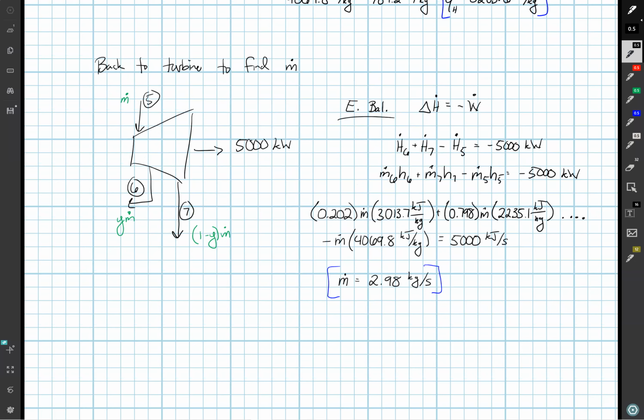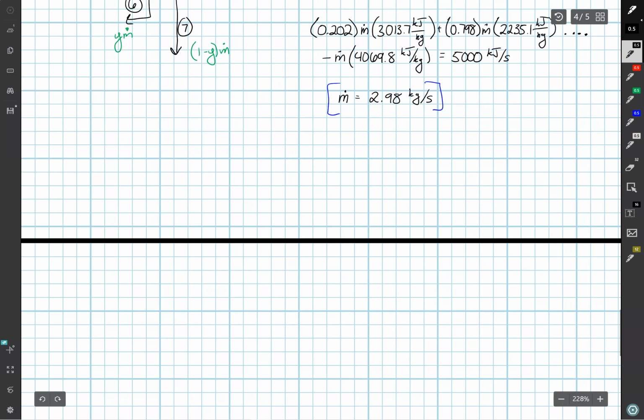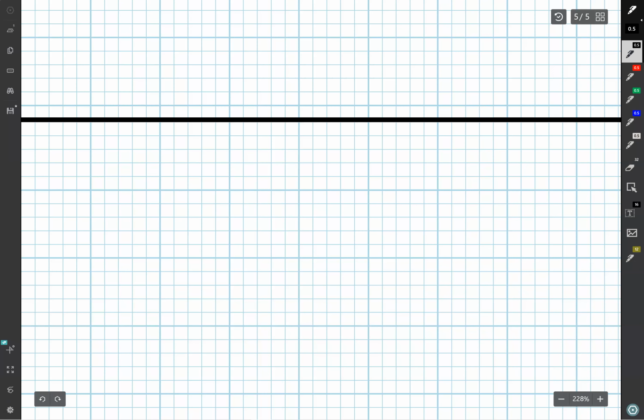So now for part B, we actually can answer it. B asked us to find Q dot L, which we said equals m dot 7 times QL. So let's find what both of these values are.